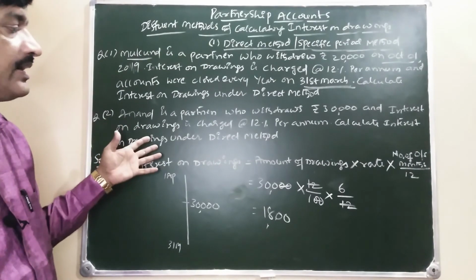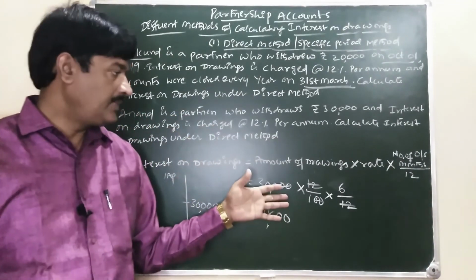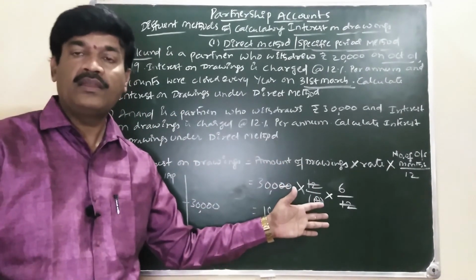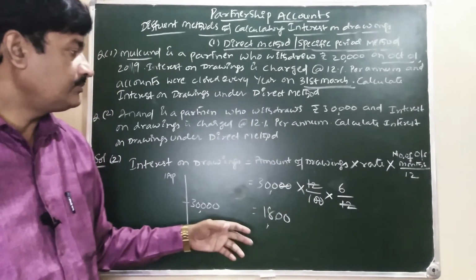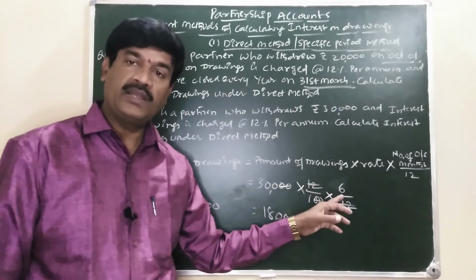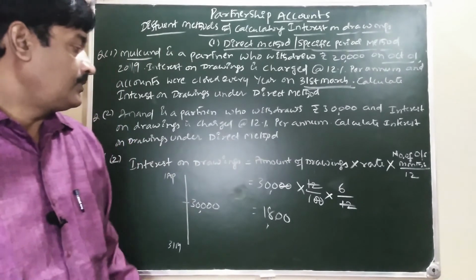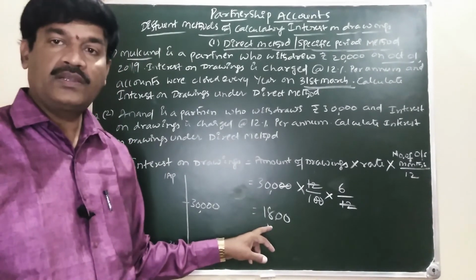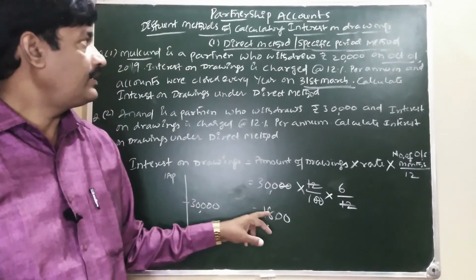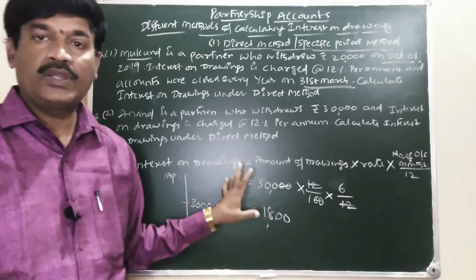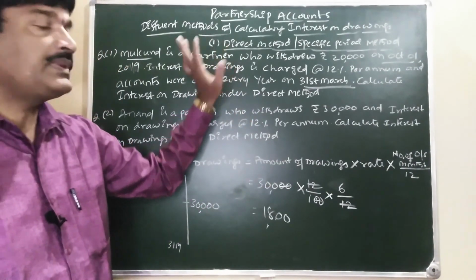That is why we are taking the average months, that is 6 months in the accounting period. Calculating the answer, 1,800. So we are concluding this method.